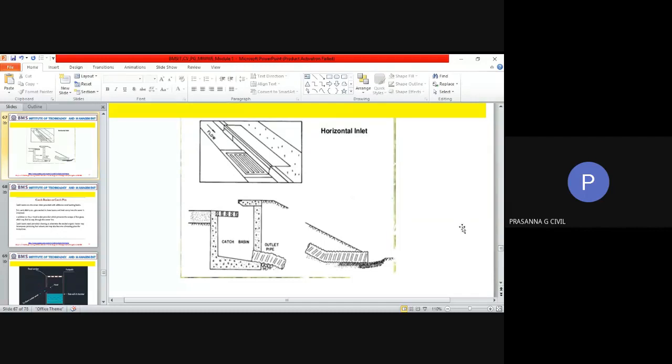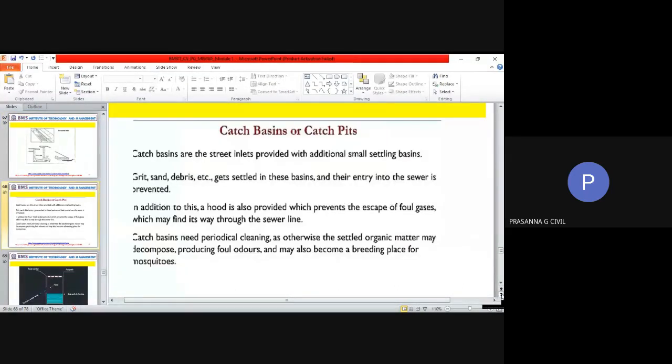Similar to an inlet, we have something called a catch basin. The inlet is just allowing the storm water to go inside and mix with the combined sewer or go to the storm water drain. But you have sometimes catch basins that are provided.